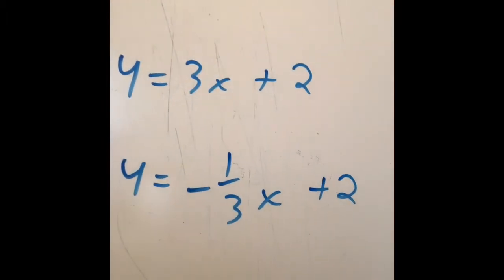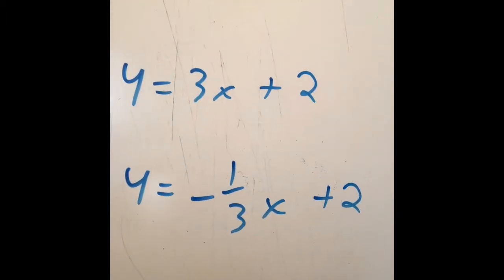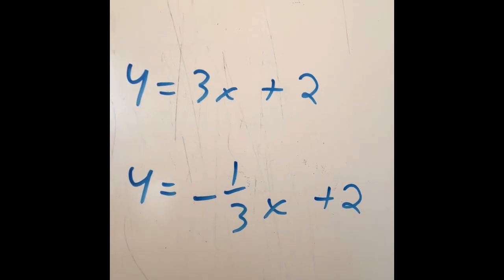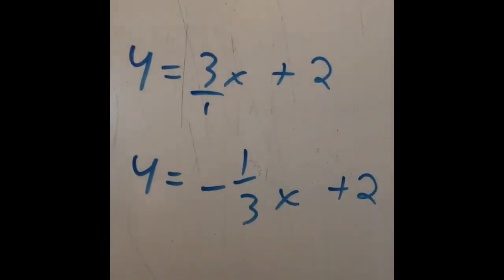There's your perpendicular. So negative reciprocal. Remember, 3 is just 3 over 1, and the perpendicular is negative 1 over 3. It's just flipping it. So write it as a fraction, flip it, and make it negative. If it's negative, make it positive. And that's your perpendicular lines.